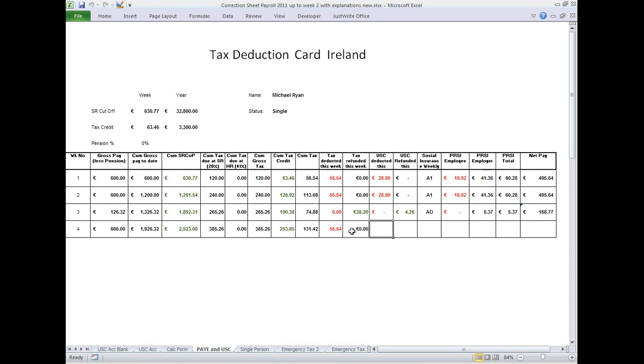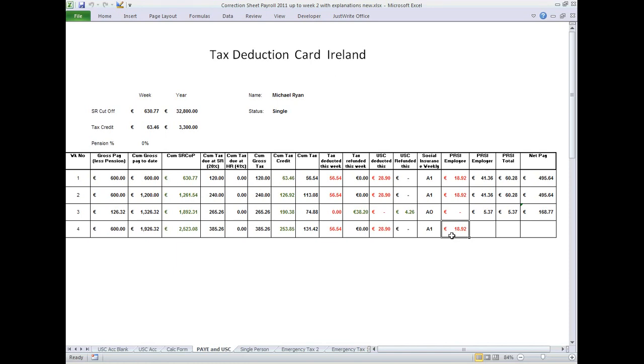His USC, which is calculated offline, is 28.90. He won't have any refund of USC this week. His PRSI stamp is an A1 stamp, and his PRSI contribution this week is 18.92. Again, that's calculated off sheet, if you like.